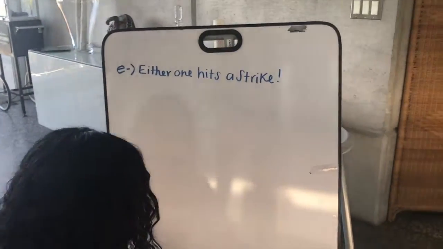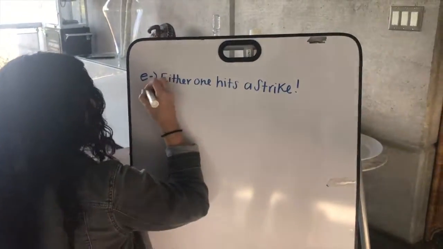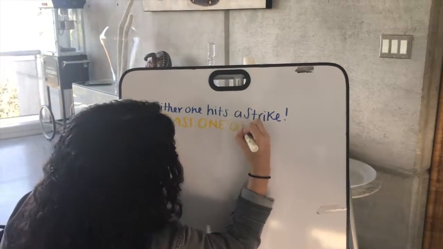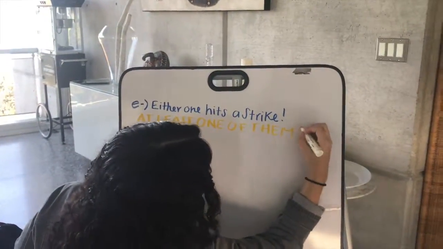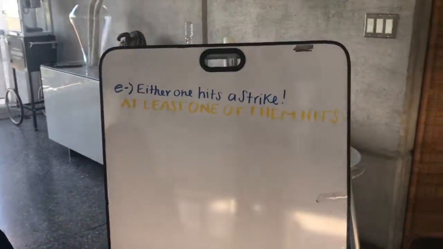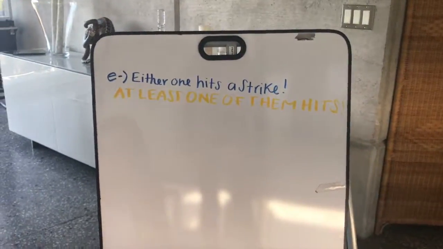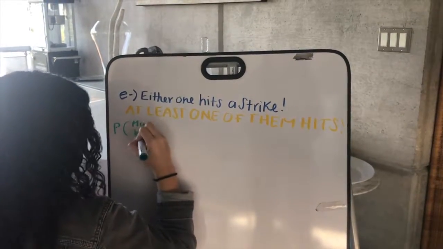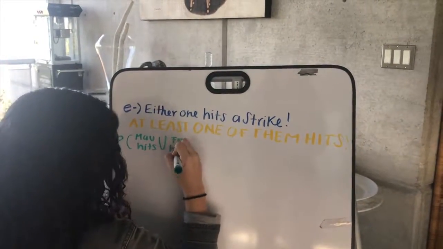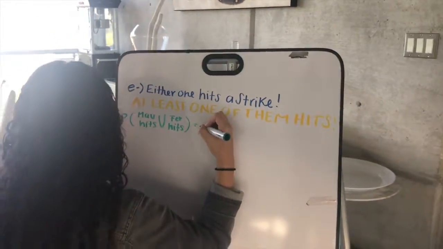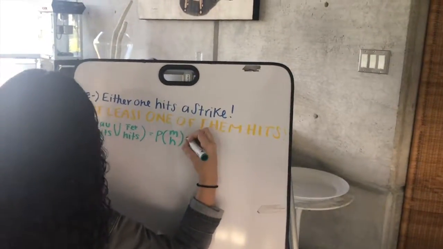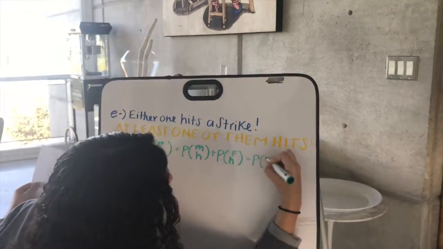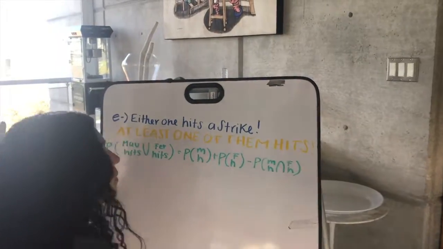Last but not least is letter E. Either one of them hits a strike. So this problem tells us that at least one of them hits. This problem is not mutually exclusive, so it will go like this. Probability of Mao hitting or the probability of Fer hitting, which is going to be the probability of Mao hitting plus the probability of Fer hitting minus the probability of Mao hitting and Fer hitting.